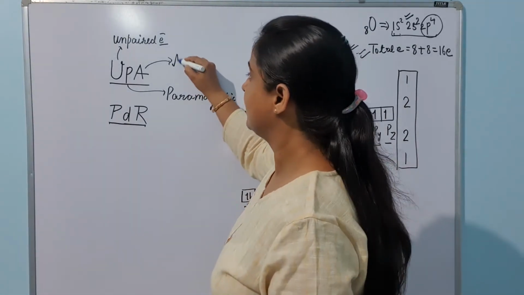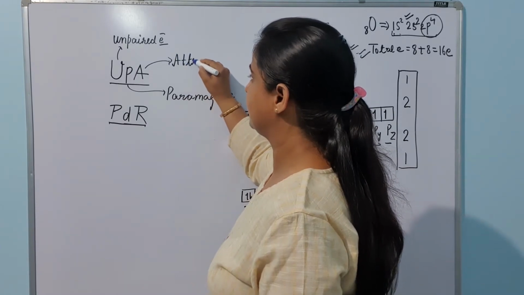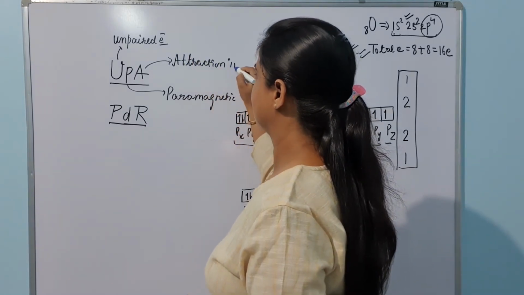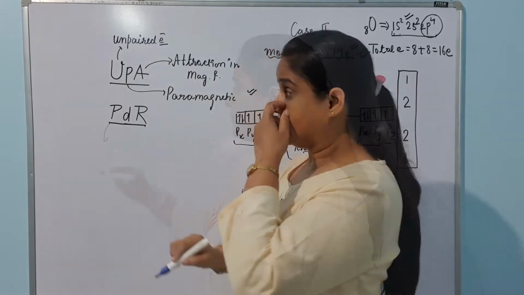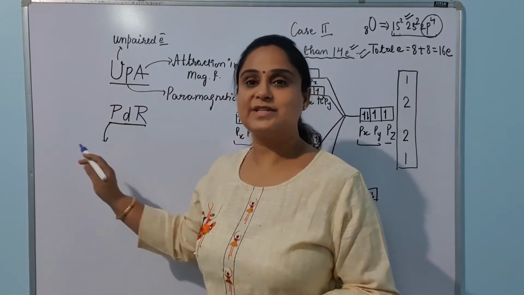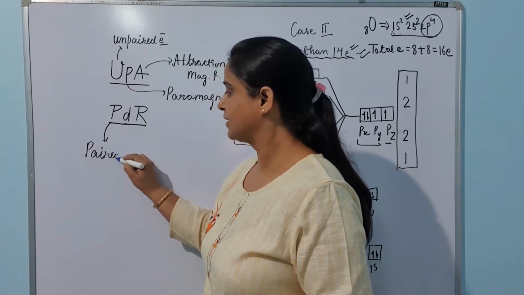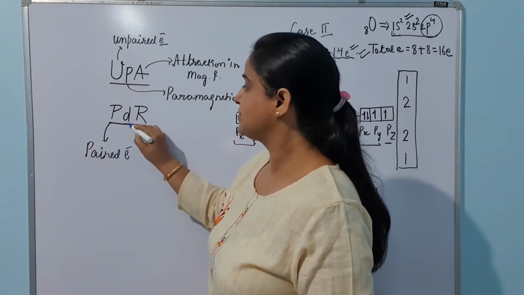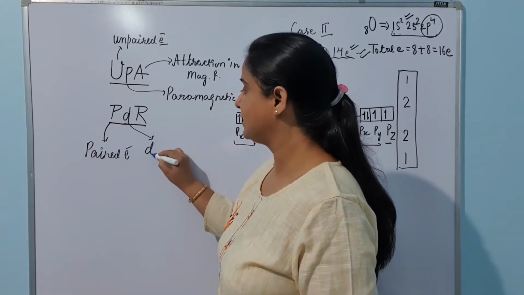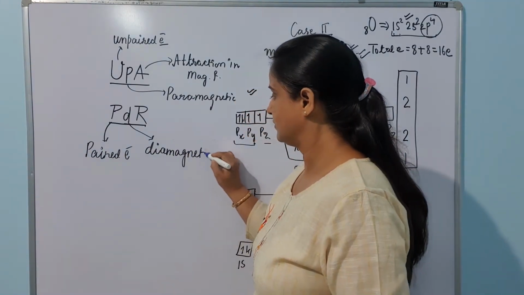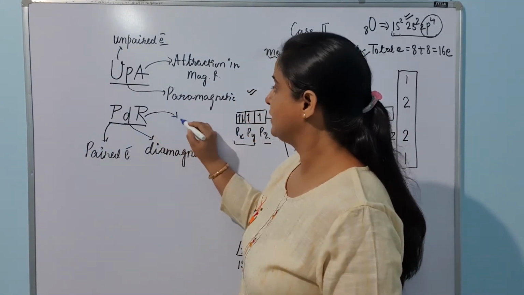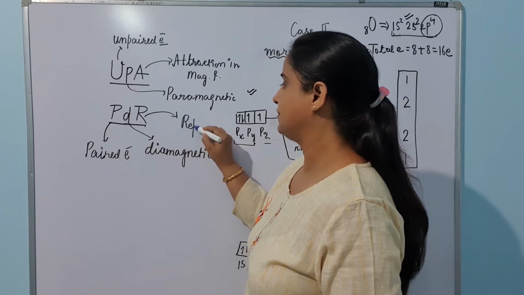So it will show attraction in a magnetic field. On the other hand, if you see that there are only paired electrons, the species will be called diamagnetic, and it will be repelled in a magnetic field.